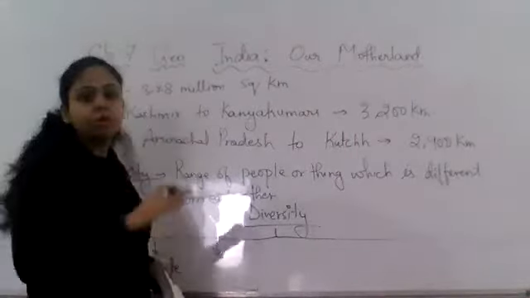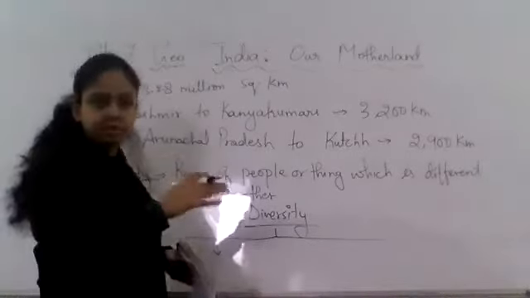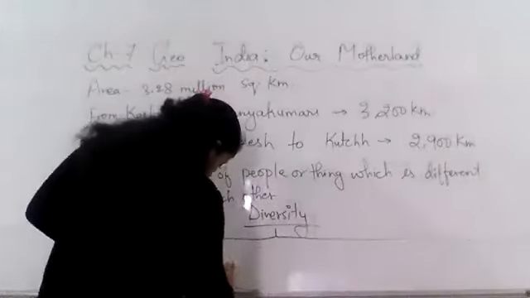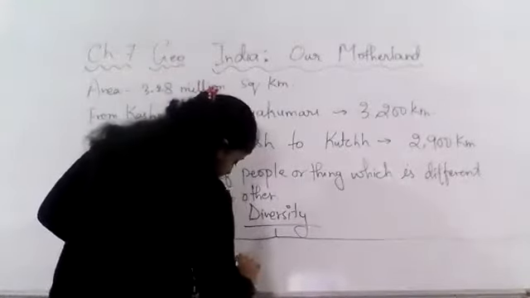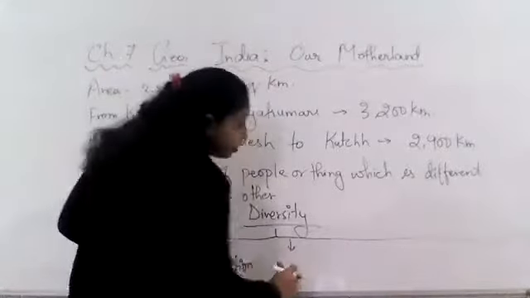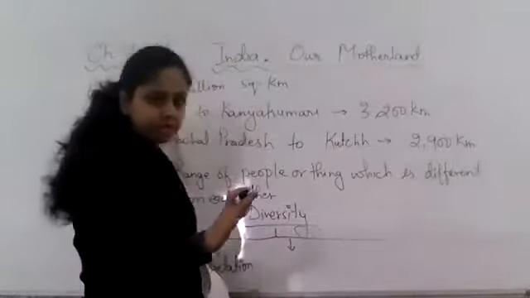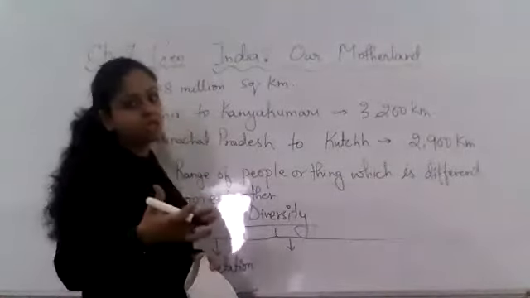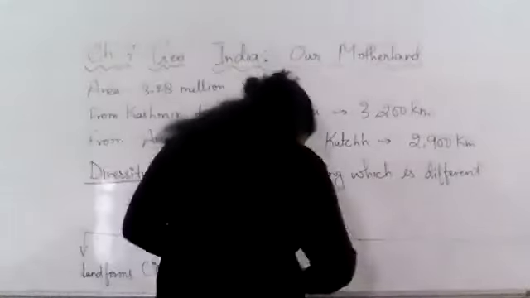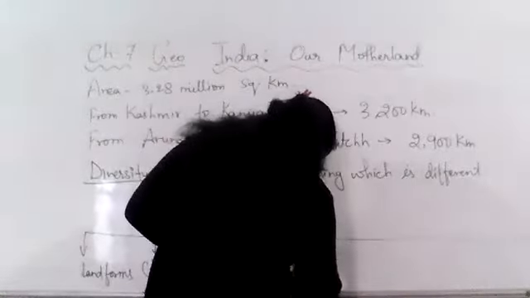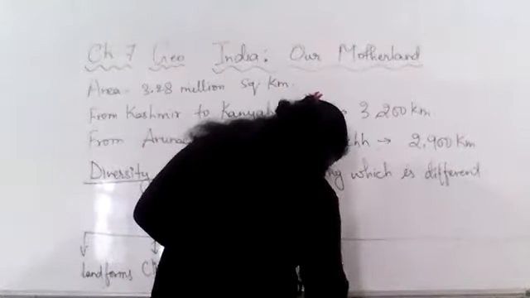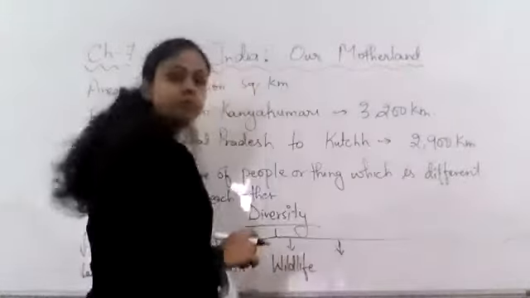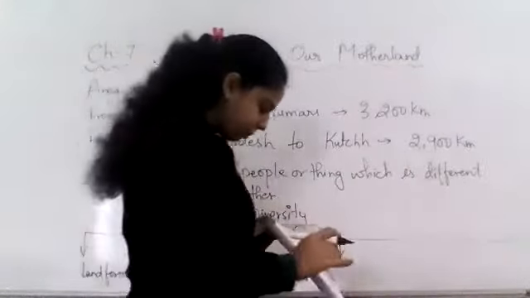In India also, different parts of the country have different types of climate. Then you have vegetation, which differs as per the region and as per the season. Then you have diversity on the basis of wildlife. Different types of wildlife we find in different areas, which we already discussed in the chapter.